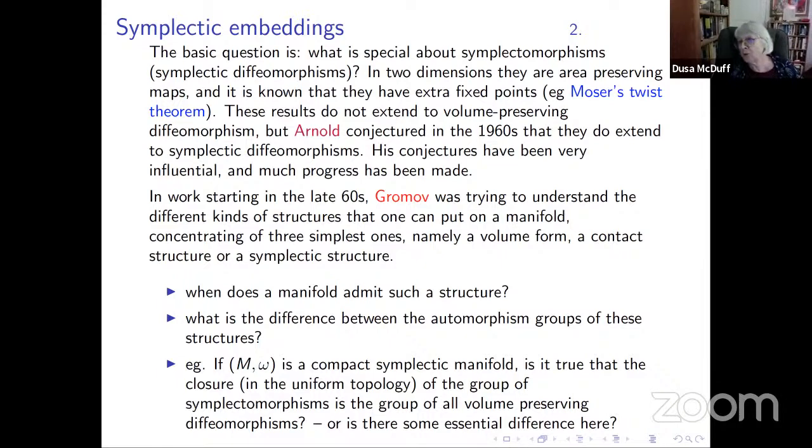He wanted to know what was the difference between the symplectic group and the volume preserving group. Obviously they're not the same, but could it possibly be true that every volume preserving diffeomorphism is a limit in the uniform C0 topology of a symplectomorphism? Or is there some other difference between them? That was the kind of question he was looking at.